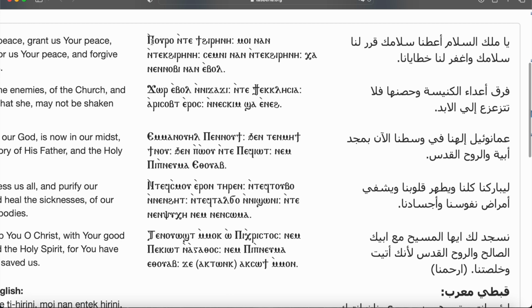Also, I didn't cover the Jenkim. That's what this little dash at the top is. But the Jenkim has the role of going into the letter.